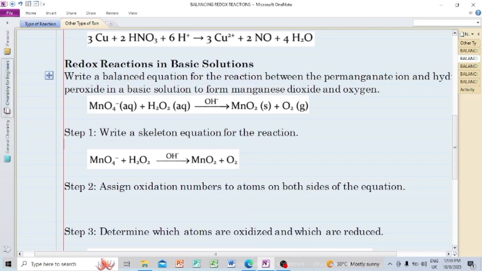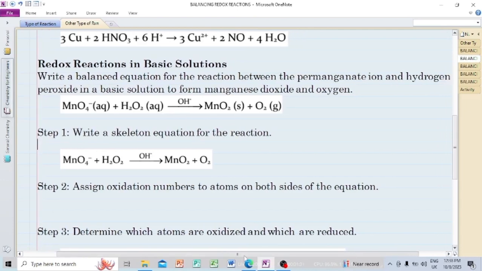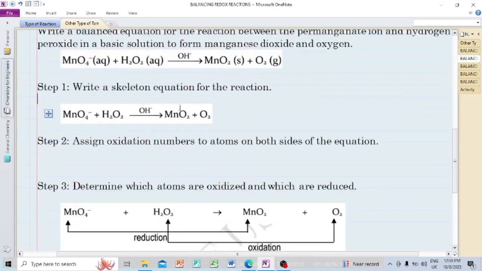Write a balanced equation for the reaction between the permanganate ion and hydrogen peroxide in basic solution to form manganese dioxide. So, step 1, write a skeleton equation for the reaction.